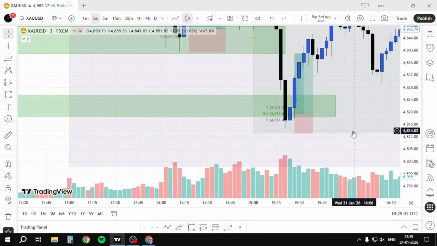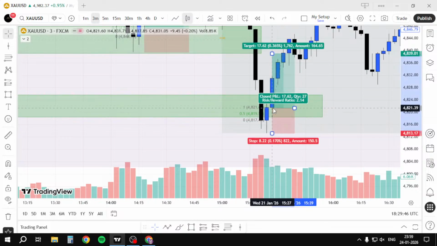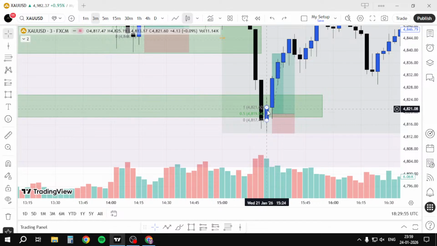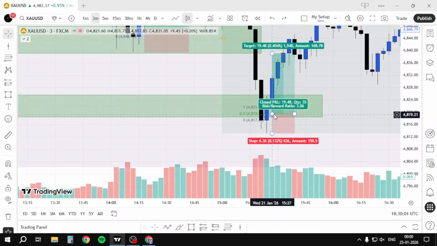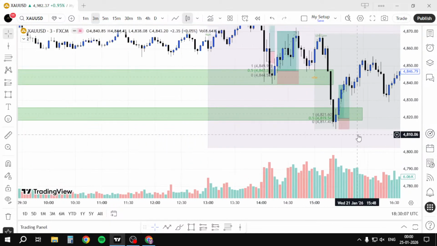This candle size is big, more than 100 pips, so we will take our entry at the 50%. We will mark the 50%, and just 3 seconds before the candle closes, we will put our limit order and stop loss just below this, and 1 to 3 TP in the system. That's it.